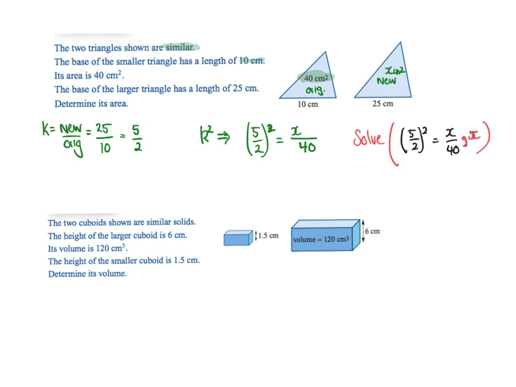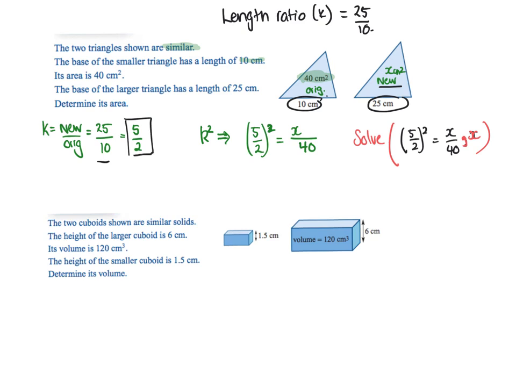So these 2 values are giving you the length ratio, or the K. If this is the new, this is the original, we've got 25/10. So that's what I've done here. 25/10, so 5/2. So this is how it's changed.